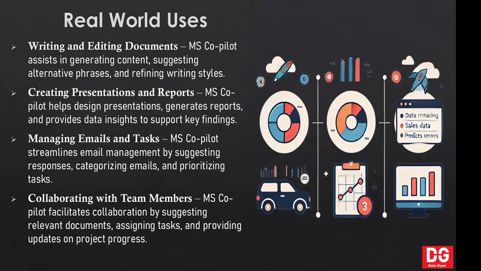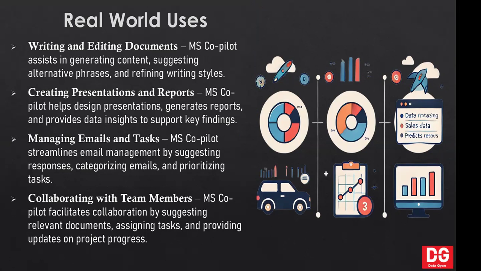So imagine that you are a marketing manager, and you are tasked with launching a new product campaign. There are certain things that you need to do. You need to create a presentation, write a press release, and collaborate with your team to meet the deadline. So that's where Microsoft Copilot comes in use.